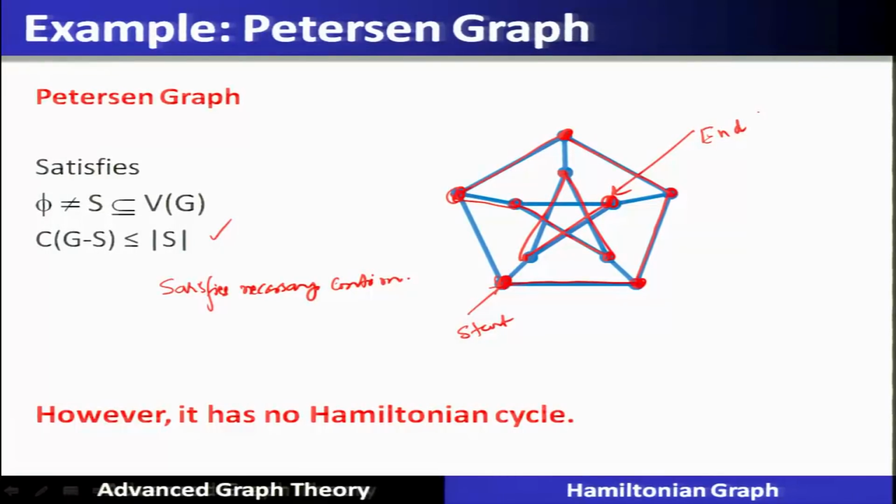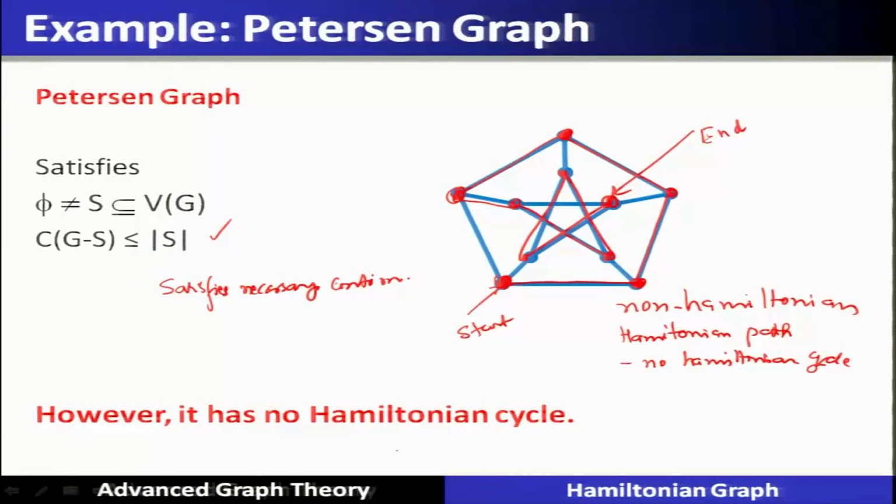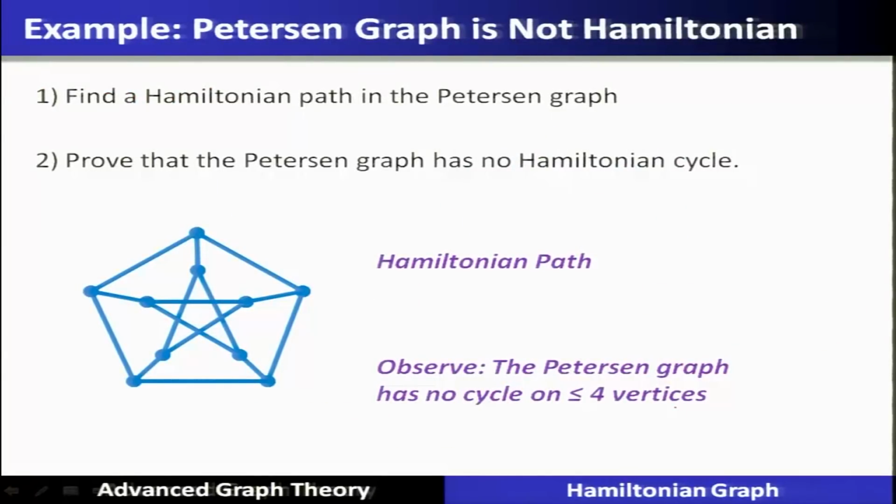So this construction gives you a Hamiltonian path, but we cannot complete the circuit, hence there is no Hamiltonian cycle, and therefore the Petersen graph is non-Hamiltonian.